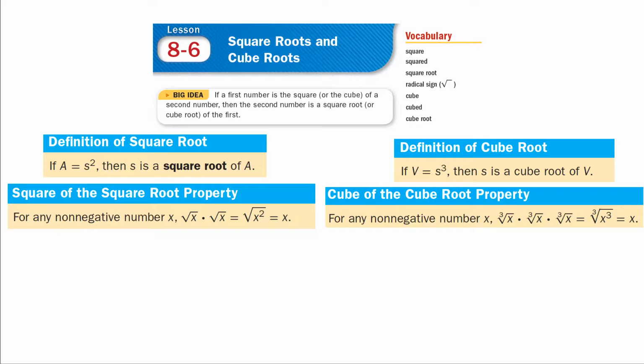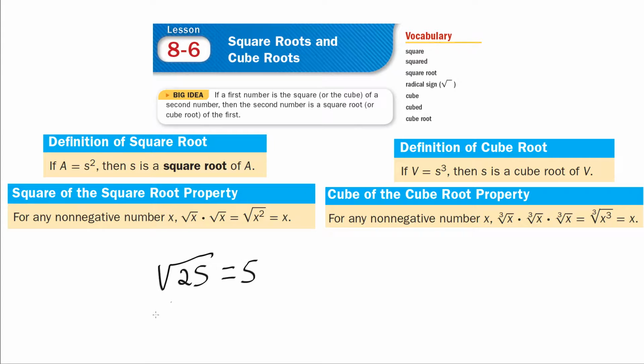We've got our big idea and our definitions for square root and cube root. And we also have the square of a square root property. One of the things to be clear about when we're talking about square roots is if I ask for the square root of 25, I'm asking for the positive square root of 25. That will equal 5.